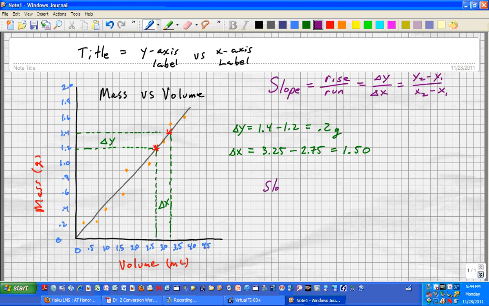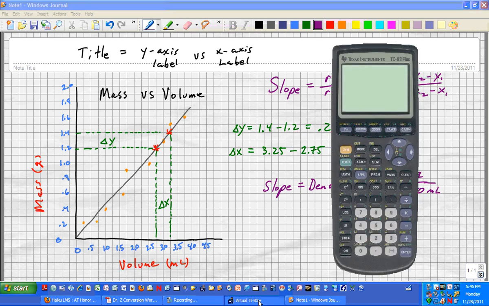Again, slope, which for this particular graph is also going to be my density, is going to be equal to, I should include units here, this is milliliters for my x-axis. It's going to be my change in y over change in x, which we calculated to be 0.2 grams divided by 1.50 milliliters.